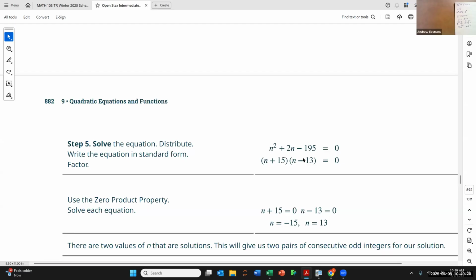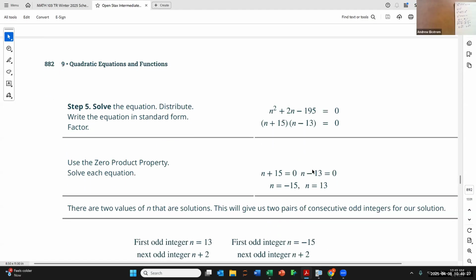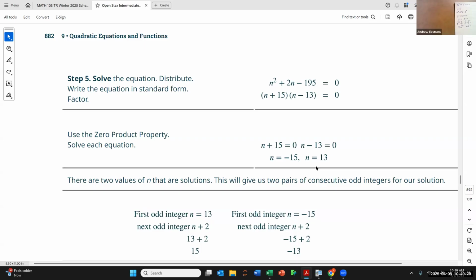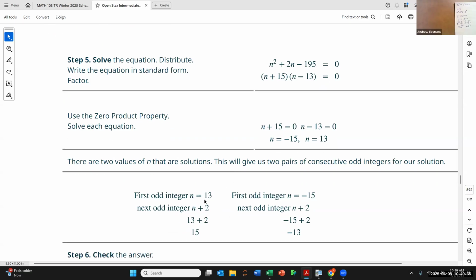Bring 195 to the other side, factor that. You can see here that they've got 2 different answers here. So when you plug those in, you have to see, does 13 and 15 actually make the original equation correct?